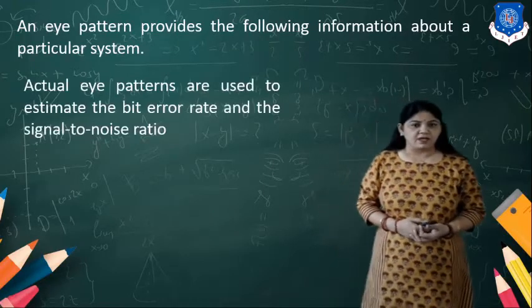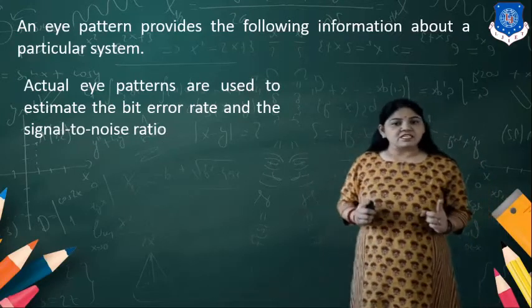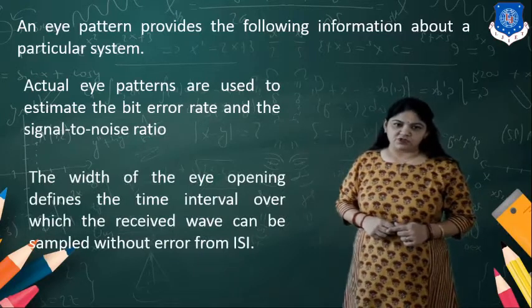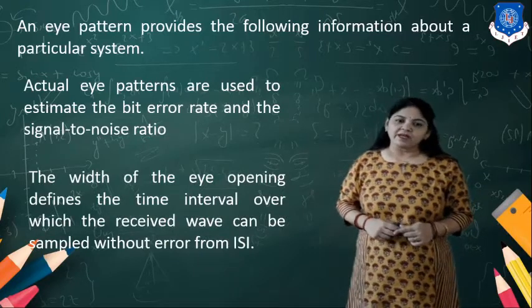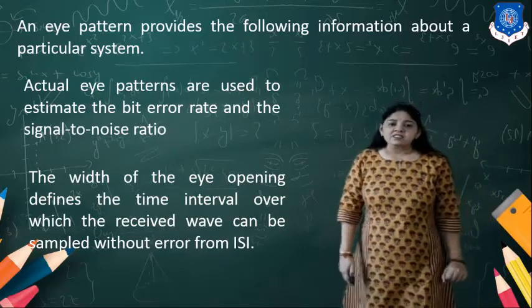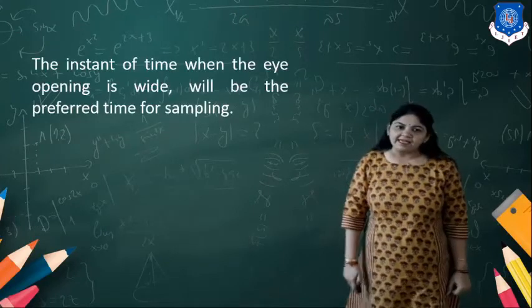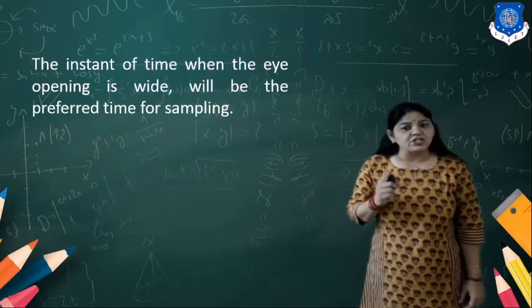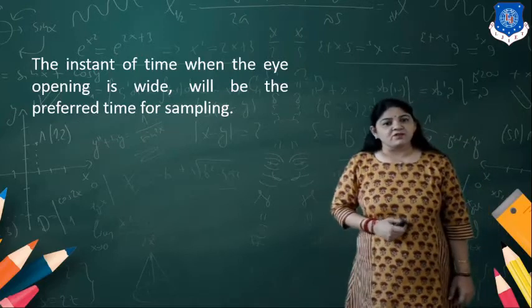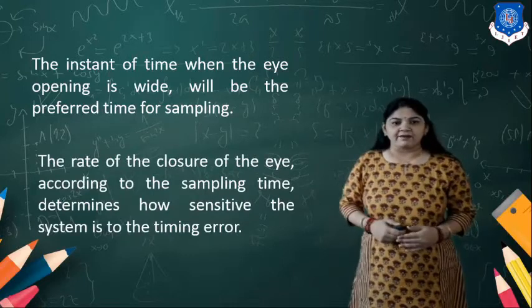The eye pattern provides the following information about the system. Actual eye patterns are used to estimate the bit error rate and the signal to noise ratio. The width of the eye opening defines the time interval over which the received wave can be sampled without error from ISI. The instant of time when the eye is open widest is the preferred time for sampling.